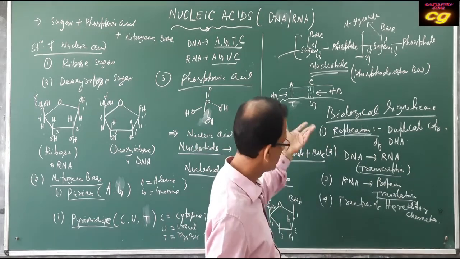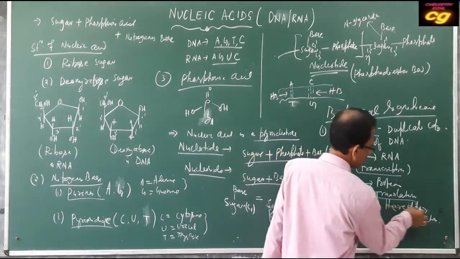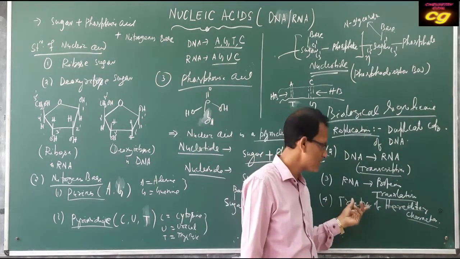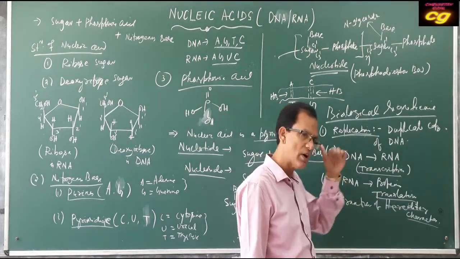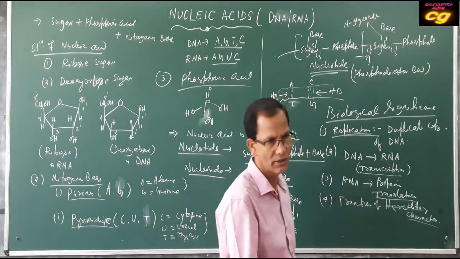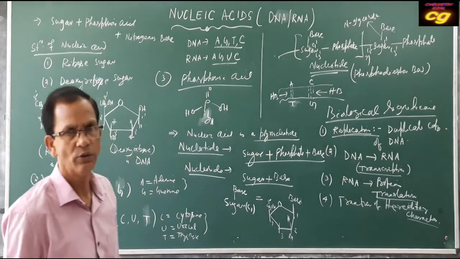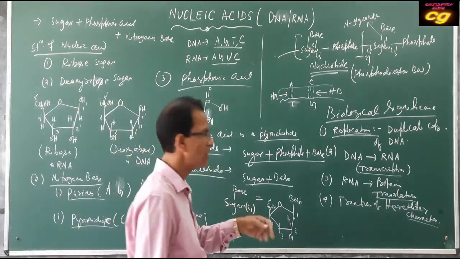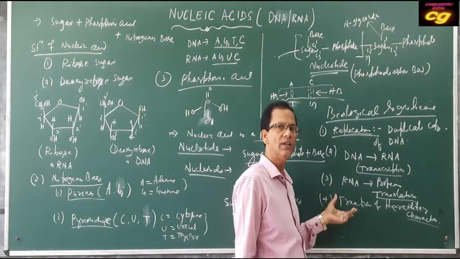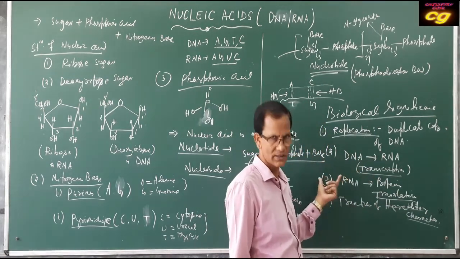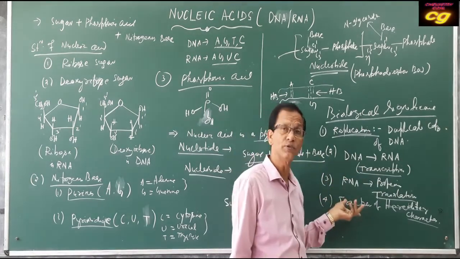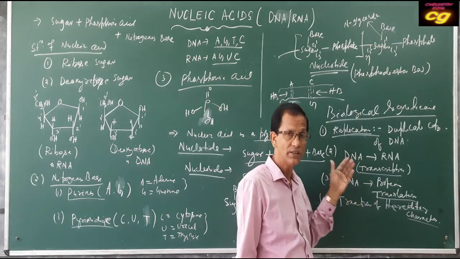All together, the hereditary character is transferred from one generation to another due to nucleic acid, because the chromosome contains nucleic acid and protein. So nucleic acid is mainly responsible for hereditary character from one generation to another.